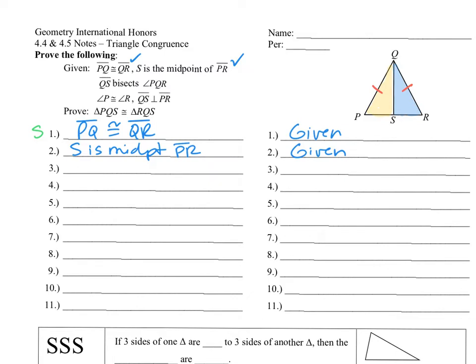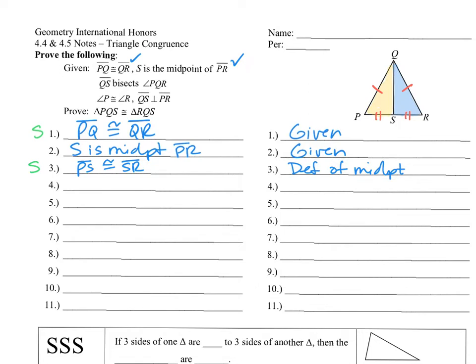So let's go ahead and say then in step 3 that segment PS is congruent to segment SR. Okay, the reason that is true is definition of midpoint, which as I said earlier, says a point is a midpoint if and only if it divides a segment into 2 congruent pieces. So now that we've established that, let's mark that PS is congruent to SR. And I'm also going to make a note that we have another pair of sides congruent.